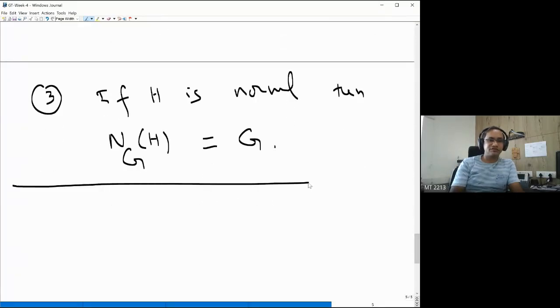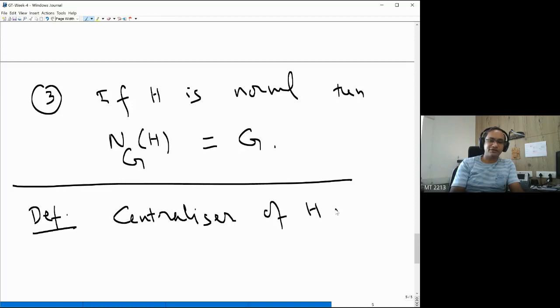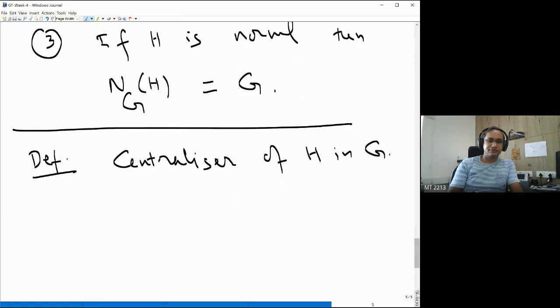Okay, so that is one definition, and the other definition I'm going to make is what is called the centralizer of H in G. This is denoted as C_G(H).